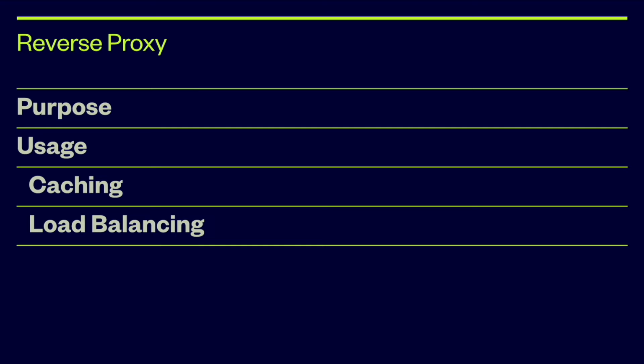The next topic which we are covering is reverse proxy. As the name suggests, reverse proxy does the opposite of what a proxy server does, which is, instead of concealing details of the client, the reverse proxy conceals the details of the target server through which the service request got fulfilled. In simple words, the reverse proxy server hides information of the final server that served the request of the client.